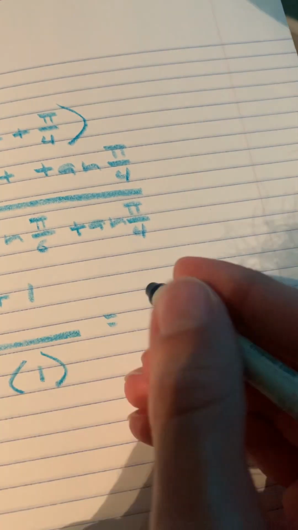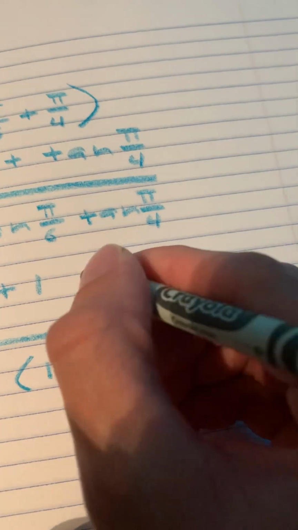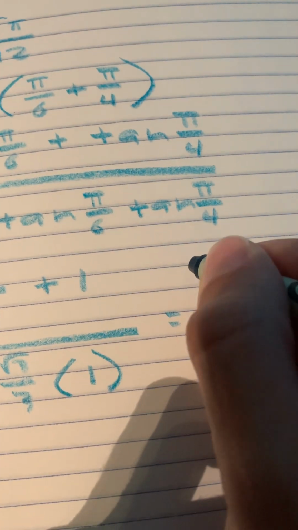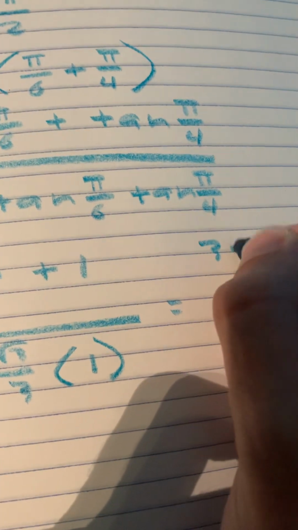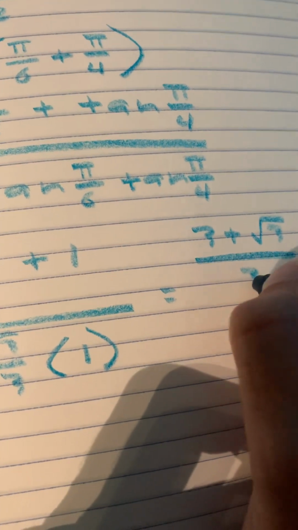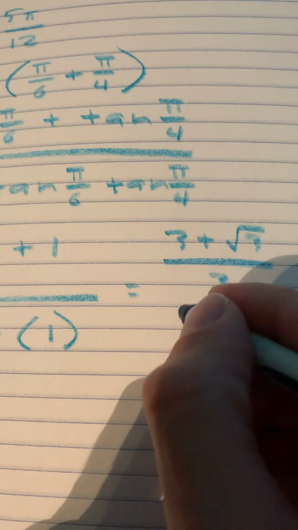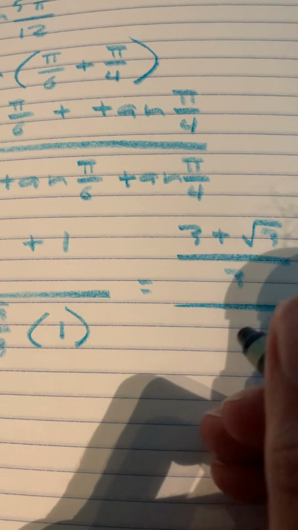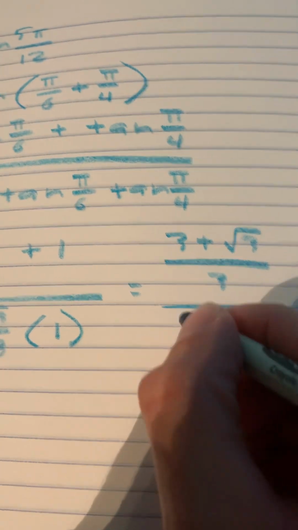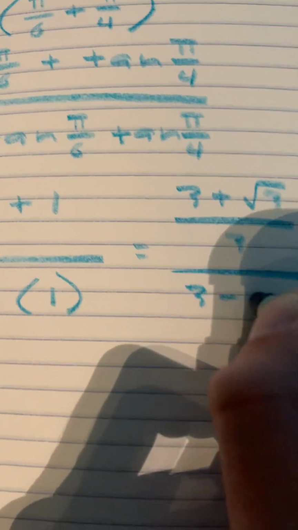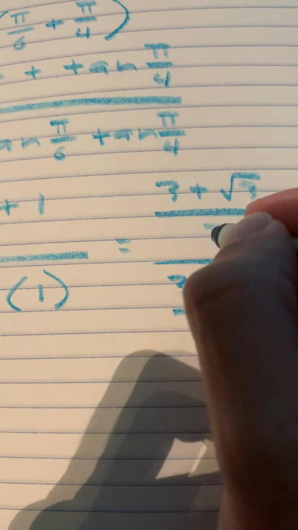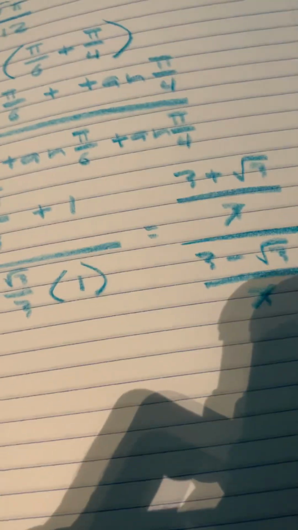So that is going to give me... And if I need a common denominator, I'm going to rewrite this as 3 plus the square root of 3 all over 3, all over, that's just root 3 over 3, so this should be 3 minus root 3 all over 3. And these 3's cancel out.